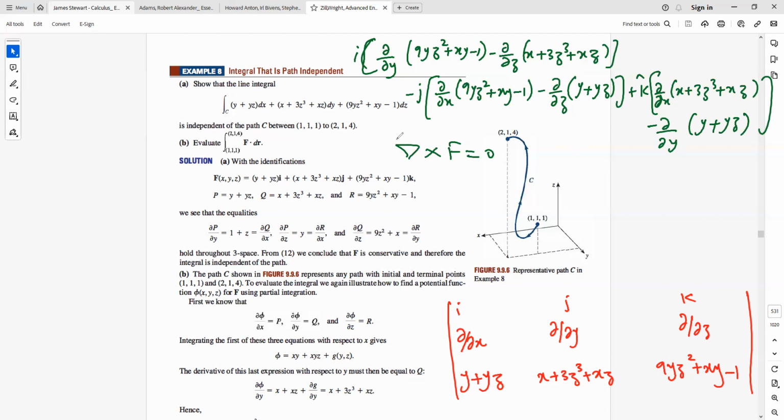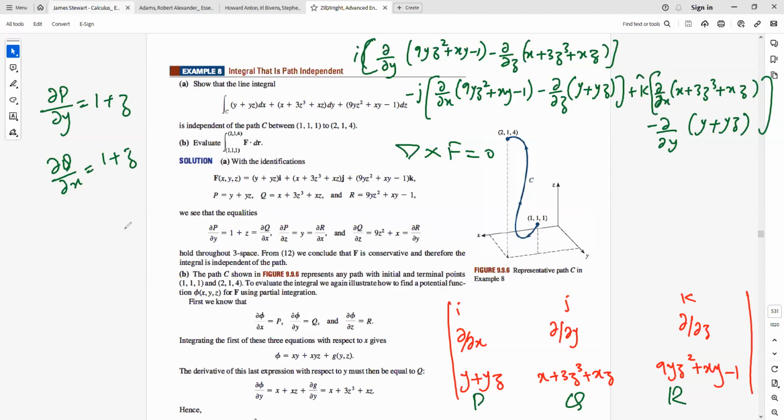So this is P, this is Q, this is R. Okay, so partial P over partial y is equal to 1 plus z. And then we have partial Q over partial x equals 1 plus z.